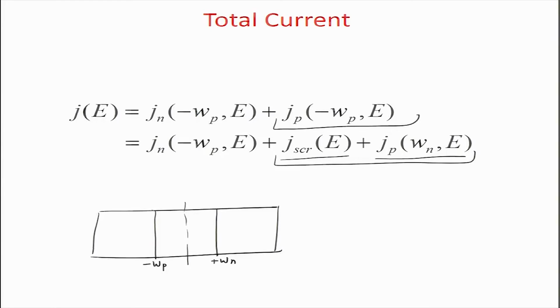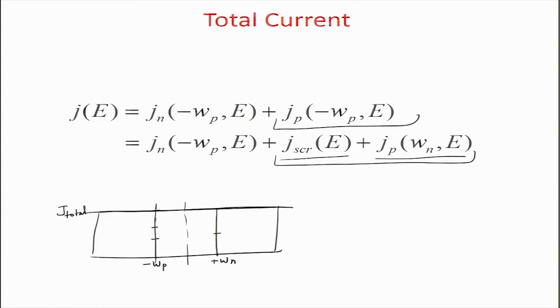So, we are saying that the total current, J total, is such that you have some electron current at minus Wp, which is the minority carrier, and some hole current at plus Wn. If you want to locate at this particular point, whatever the hole current is there and whatever the electron current is there, total will make the total current.